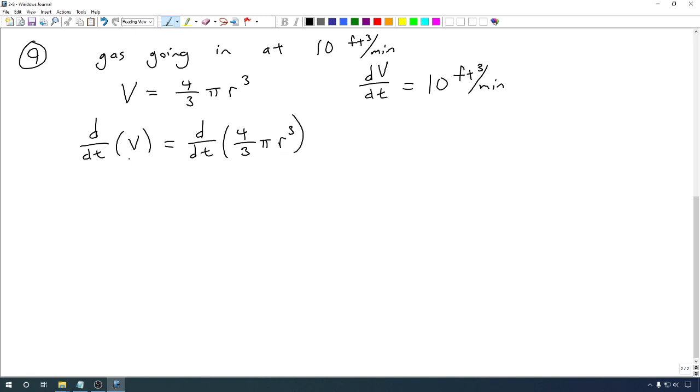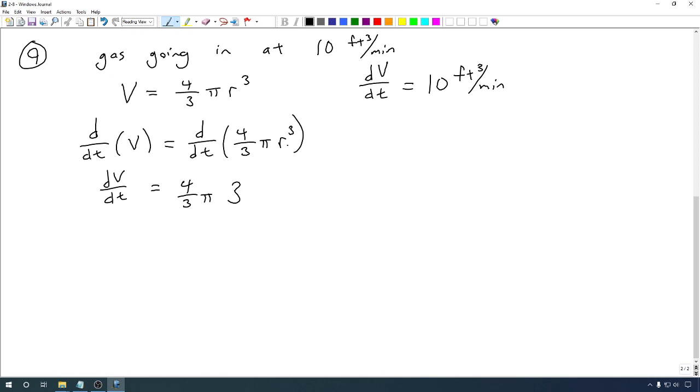Of course, here on this side it's pretty easy. The derivative of V with respect to time is just dV/dt. On this side, the 4/3 pi is a constant, so we can pull it out. But now we need to differentiate the r cubed. Here we're going to have to use our general power rule. Remember that the power of 3 comes down.